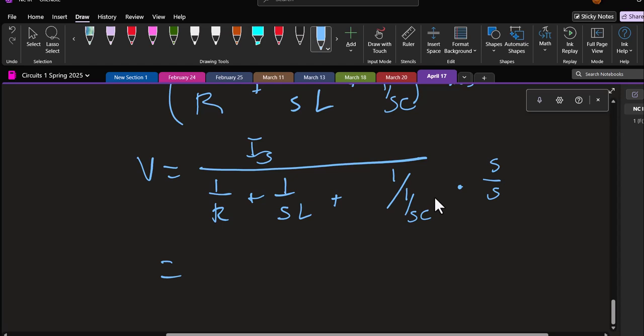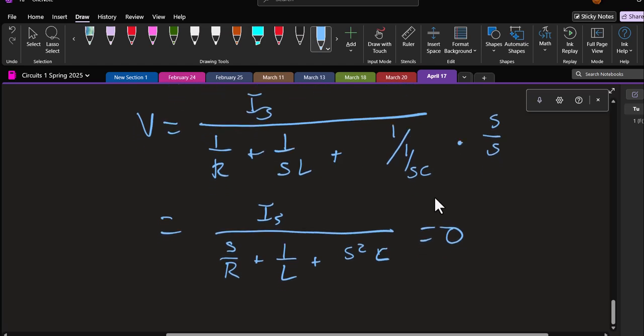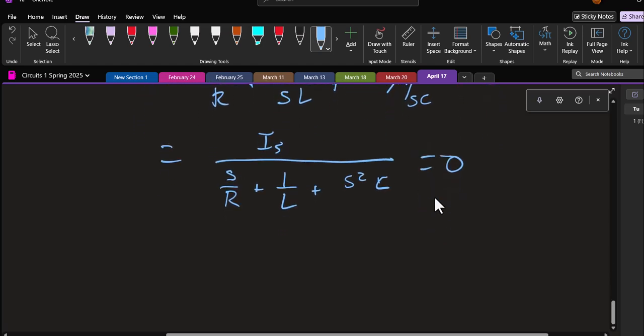And then you would get Is times s over s over R plus 1 over L plus s squared C. At this point, what you have is a quadratic in the denominator. 1 over R, 1 over L, those are just numbers.